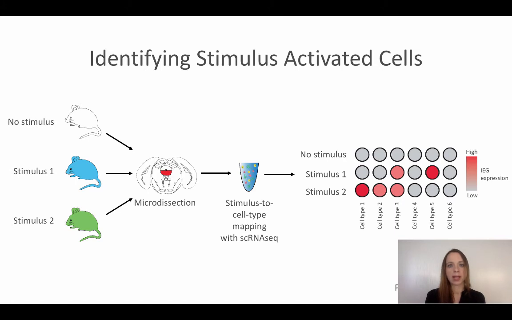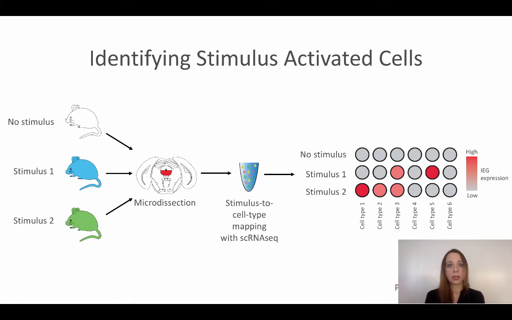One such approach takes advantage of the same single-cell gene expression profiling that I described before and relies on detecting transcriptional signatures that accompany alterations in neuronal activity or disease states. For example, if we wish to identify neurons that participate in pain processing, we would microdissect out the brain region implicated in pain processing in control mice that have not experienced a painful stimulus and a test group that has.